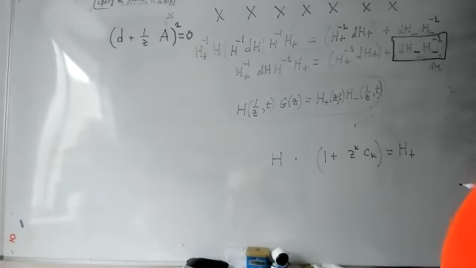We may try to write it as H 1 plus something. So what I actually want to do is take this H and go with this H all the way around.